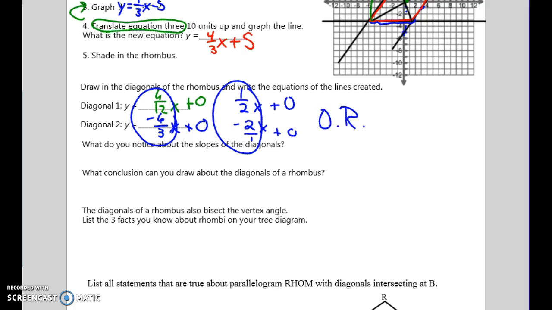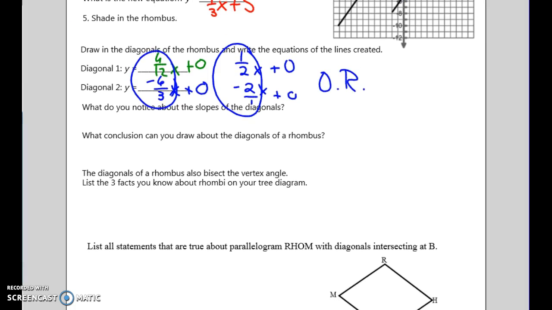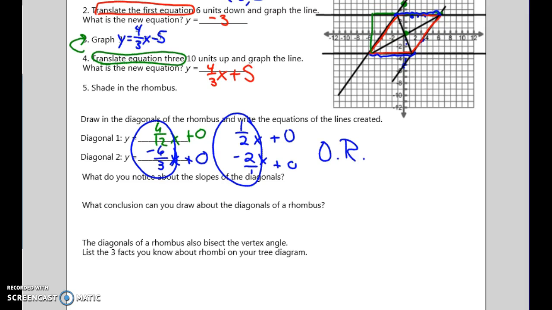What does that mean? That means that they're perpendicular. That means that when I have a rhombus, any rhombus, every rhombus, this angle measure right up here is 90 degrees, 90 degrees, 90 degrees, 90 degrees. Always, always, always, always. Are we okay?